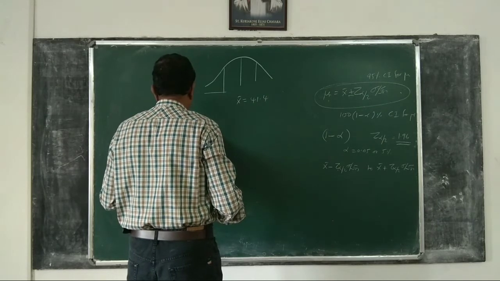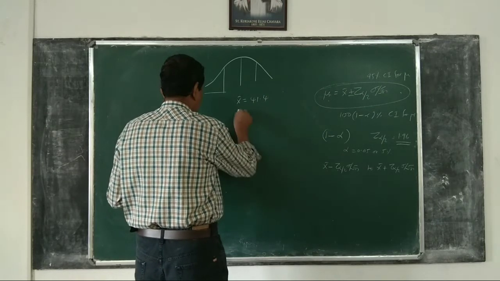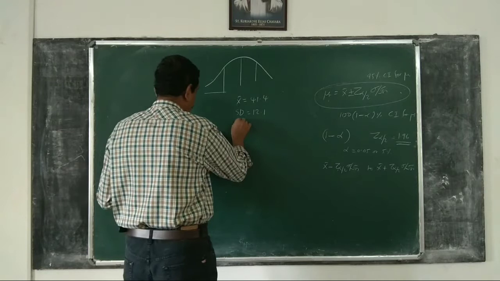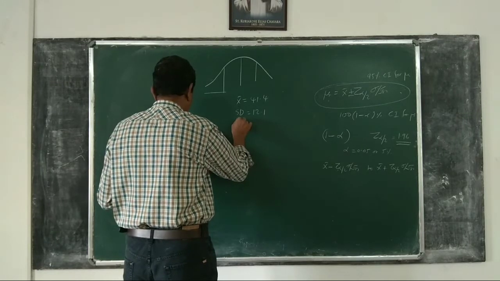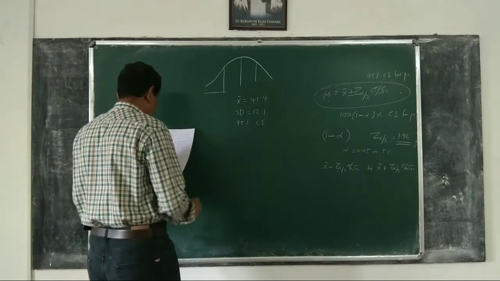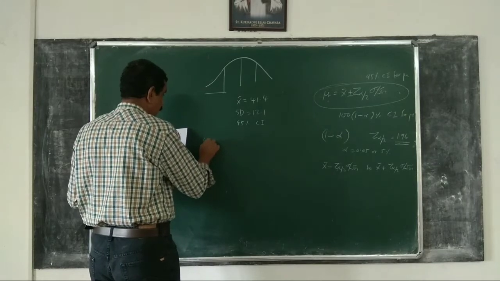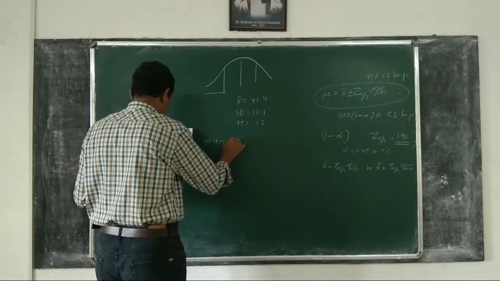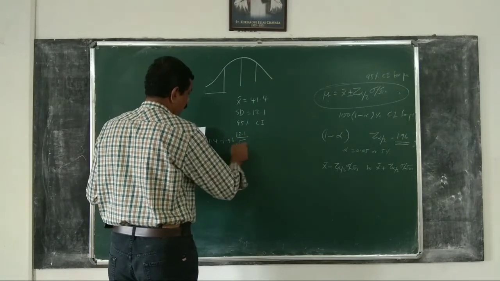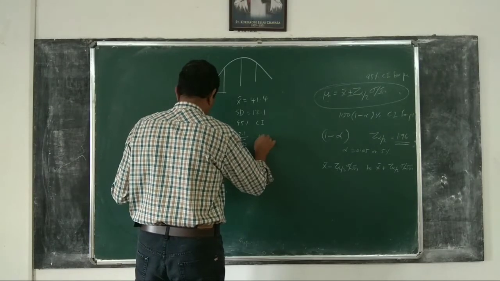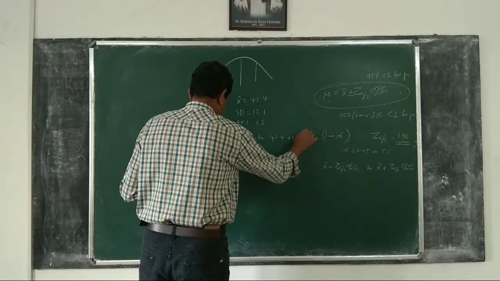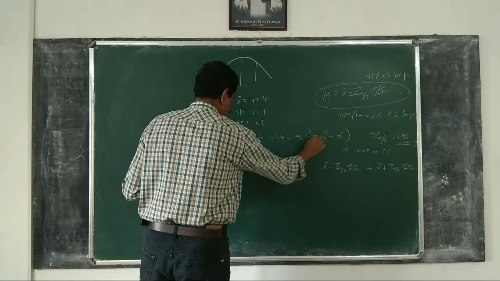We also assume that the standard deviation is 12.1, and we establish a 95% confidence interval. It is very simple: 41.4 minus 1.96 times 12.1 by root 50, assuming that 50 samples are taken, to 41.4 plus 1.96 times 12.1 by root 50.